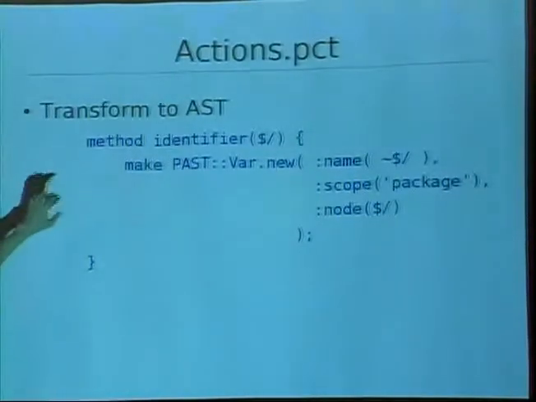This is the rule that, when you do the parse, gives you back a very raw tree. This rule here transforms that tree into an abstract syntax tree that Parrot can then interpret and run the code. So it's essentially just cleaning up the tree a little bit.